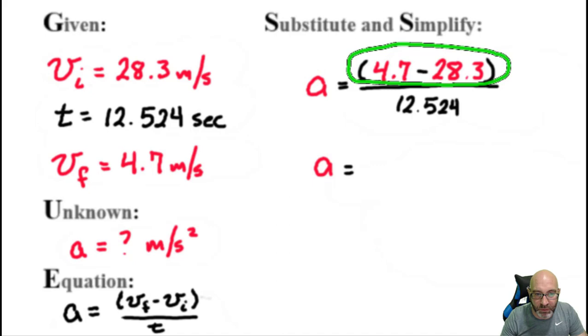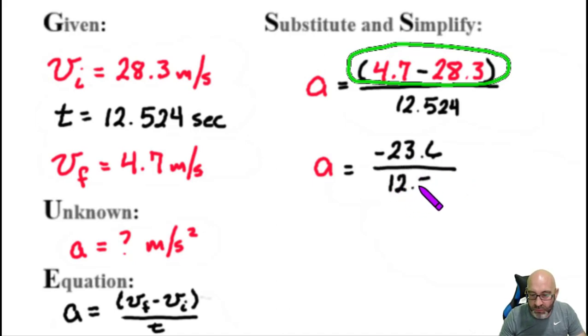And I get a result of negative 23.6 divided by 12.524. Now I can use my handy-dandy calculator to solve everything in the yellow circle.